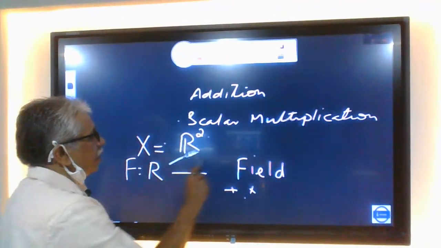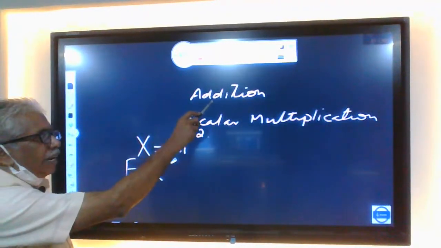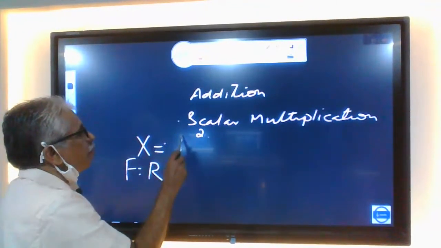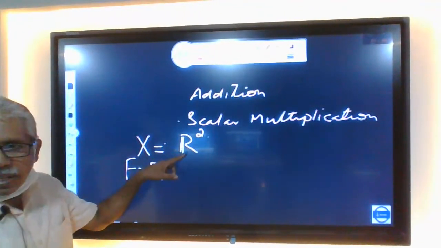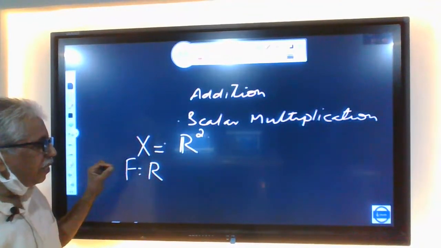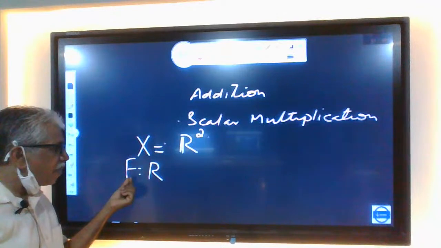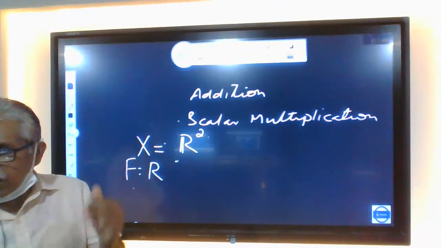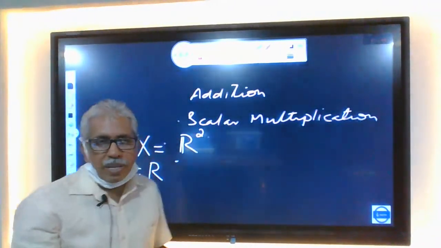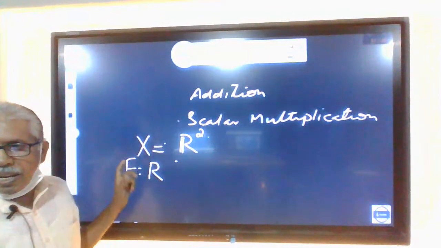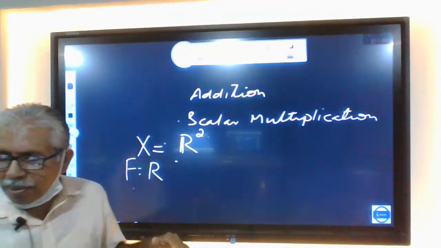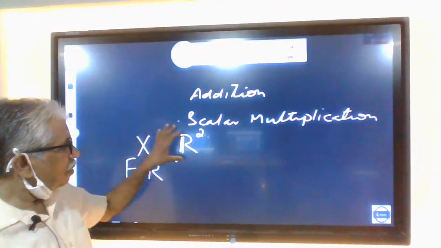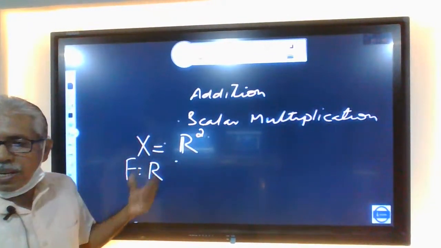Now, the addition you perform on X, that is R2, and scalar multiplication you do with one element from F and one element from X. These two will have, that means when X is a non-empty set and F is a field, addition is a binary operation on the non-empty set X, and then a scalar multiplication.